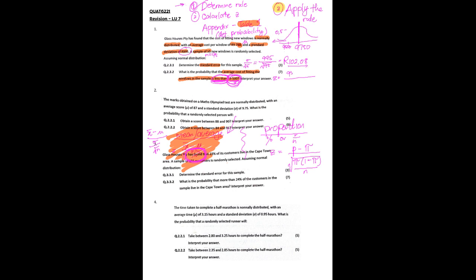Ignore the words less than when you are actually calculating Z. You'll use just the number. So 9,500 minus mu, which is 9750, and then it's over the standard deviation, 995, over the root of n, which is 95. So that gives you a value of minus 2.45.